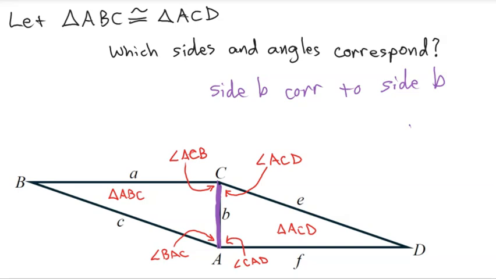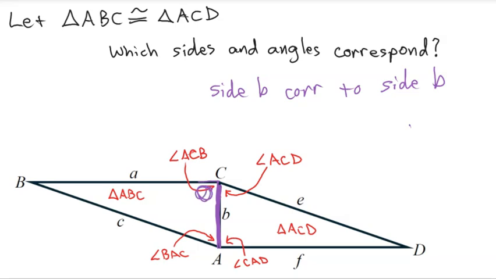And then just so you know, if you look at it closely, it looks like A corresponds to F and E corresponds to C. And this angle here, ACB, actually corresponds to this one down here because look, this angle right here is larger than this angle, but this angle is larger than this angle. So that makes this the largest angle in ACD.